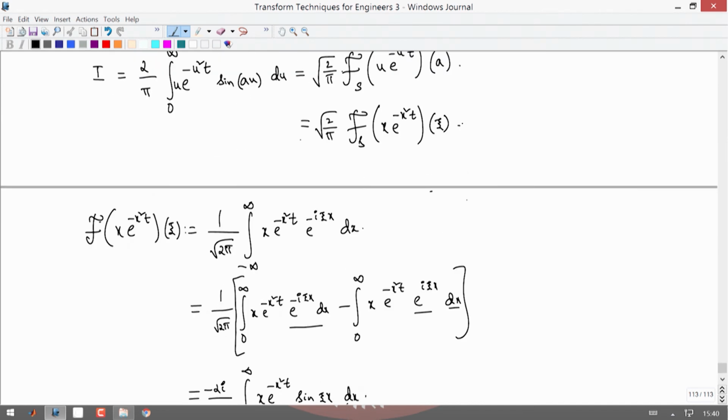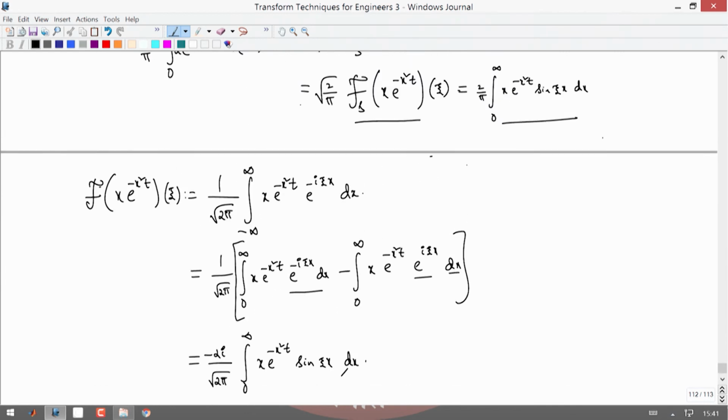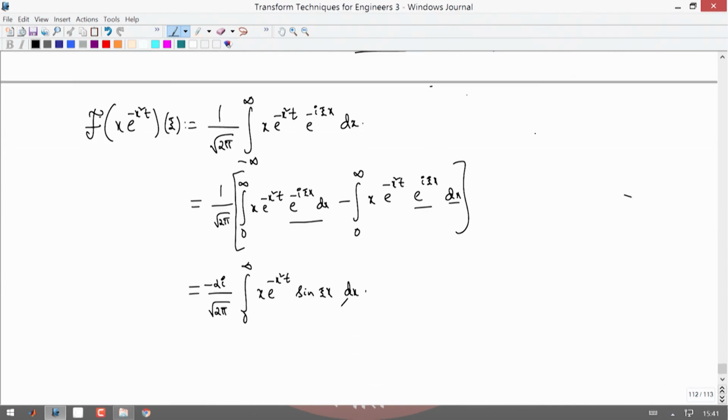So, what is this one? If you write it like this, this is integral 0 to infinity, or rather 2 by pi comes out, because of this you have 1 by root 2 pi, 2 by pi, that is x into e power minus x square t times sine xi x dx. So, this is the quantity for the Fourier sine transform. So, what you get is the same here.